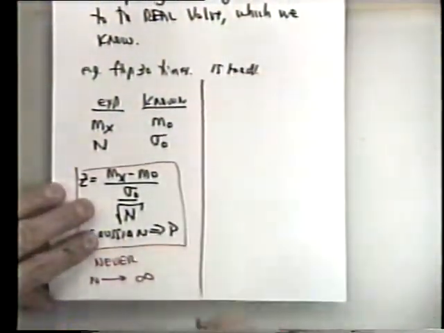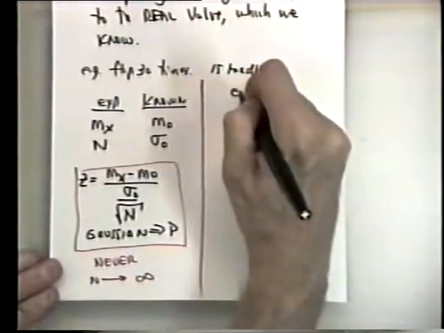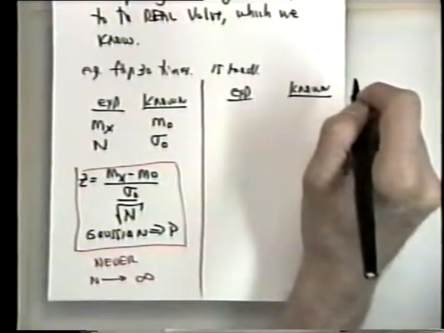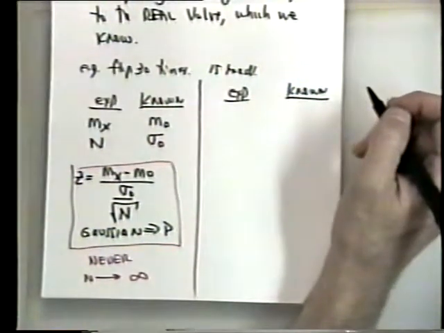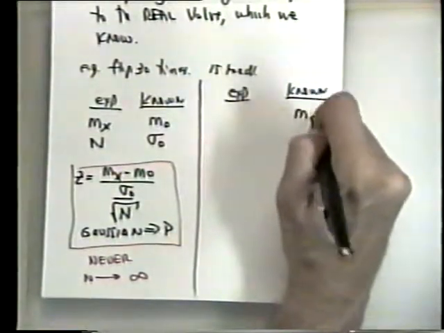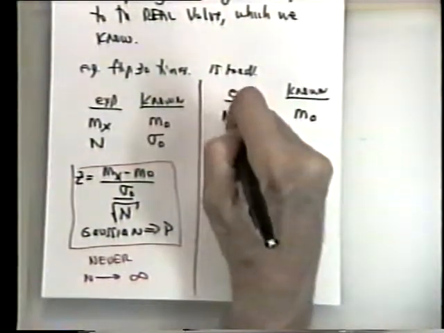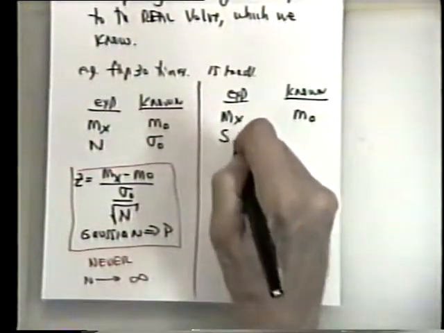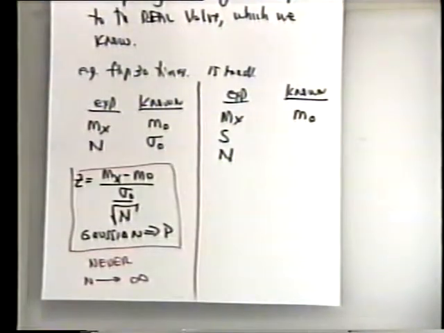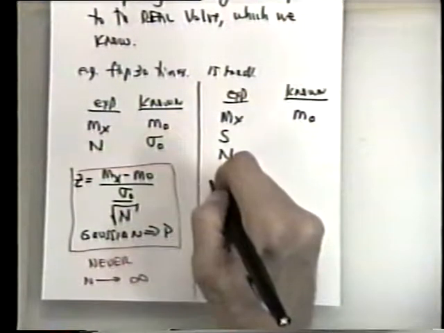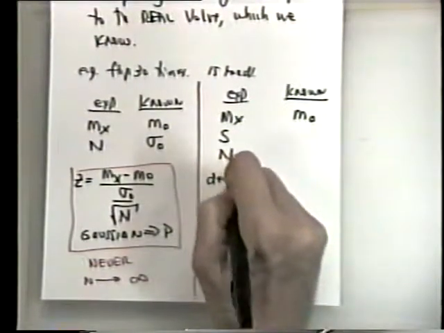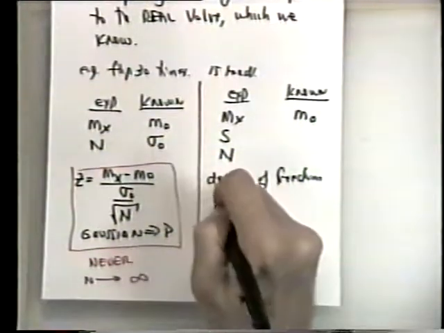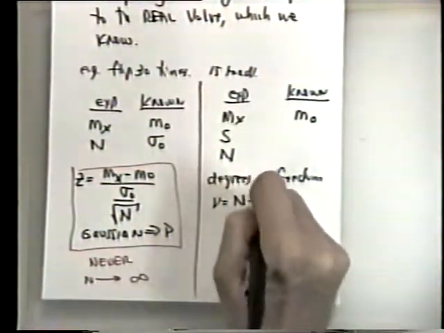Instead of doing this, we use the t-test variant. In the t-test, we have the experiment and known, but in this case only the mean is known. We have the mean from the experiment, the standard deviation from the experiment, and the number of values from the experiment. From this, we can compute the degrees of freedom, nu, which equals n minus 1.